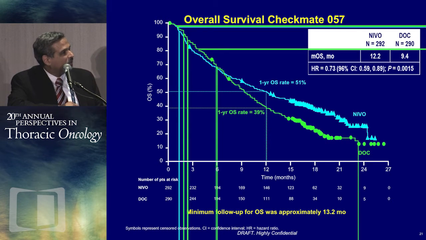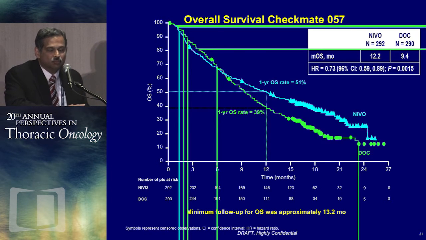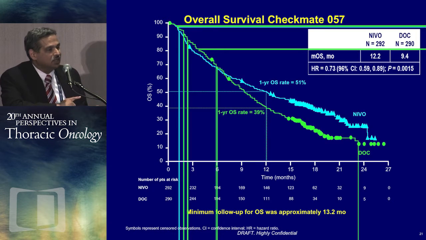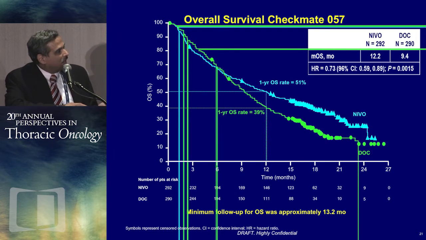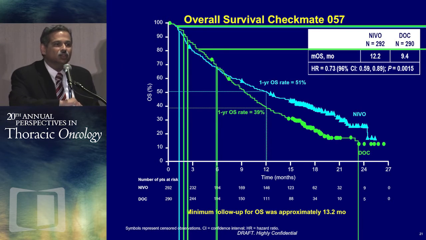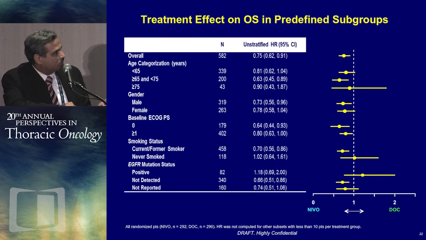Important to note that this is somewhat less than the hazard ratio of 0.59 in squamous cell patients, not because the benefit of nivo was any different between non-squamous and squamous. Actually, the patients who received docetaxel did better, probably because of the other agents that we can use in adenocarcinomas. So what this suggests is that the benefit is the same in squamous versus non-squamous.